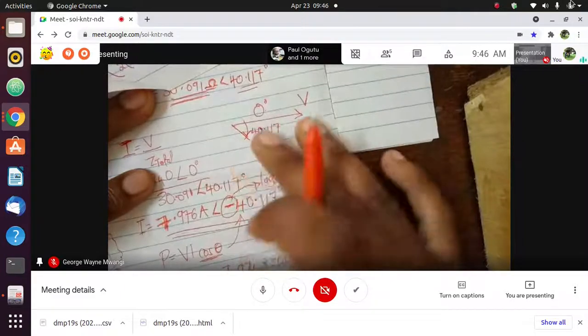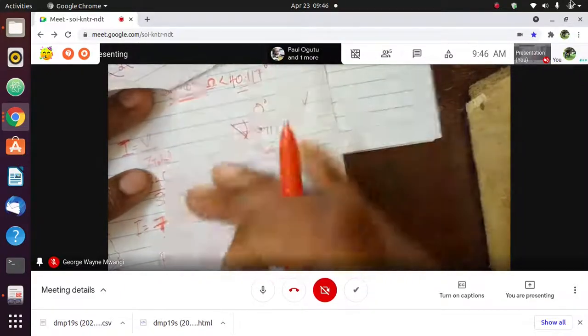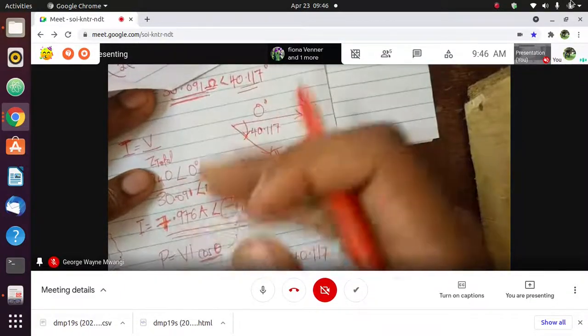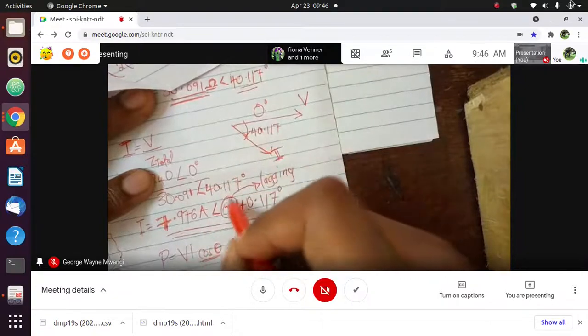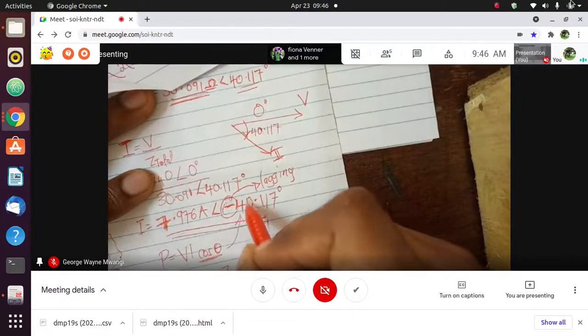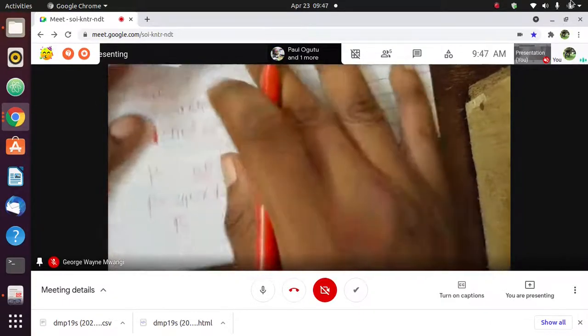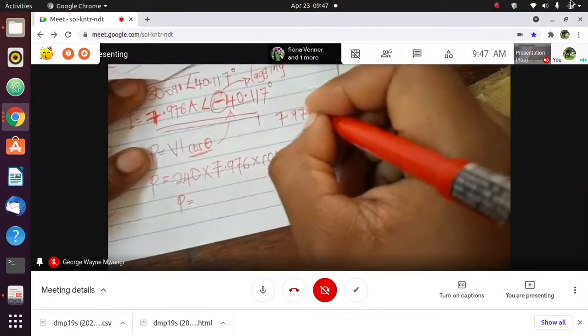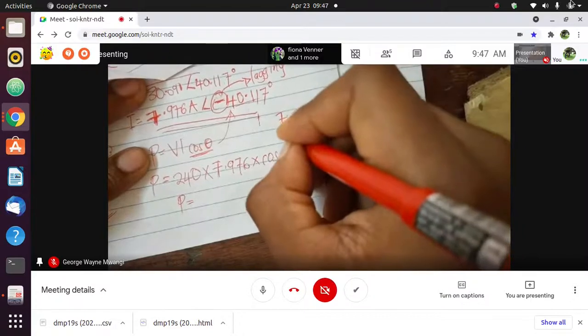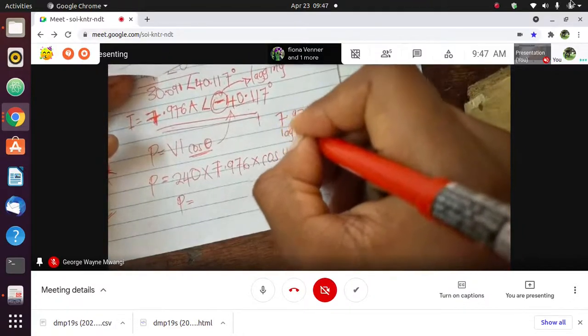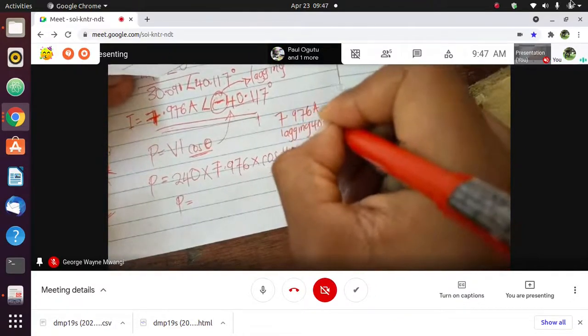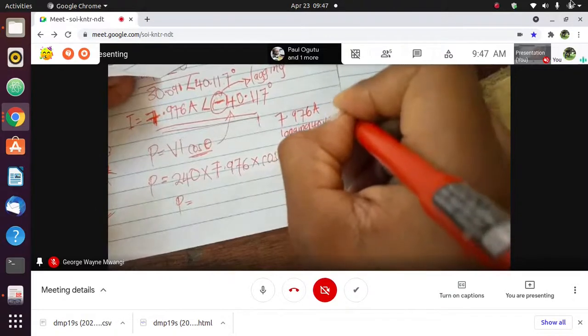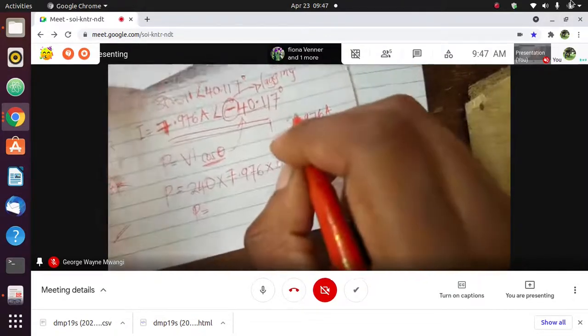It is starting at a later time. So we won't use the negative. We'll just use this. But once you are writing, you will say that the current is 7.976 amperes lagging at an angle of 40.117 degrees.